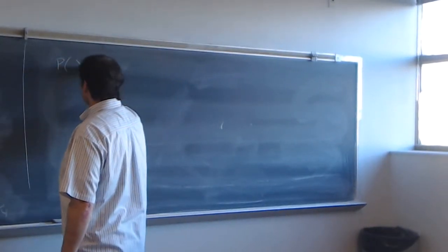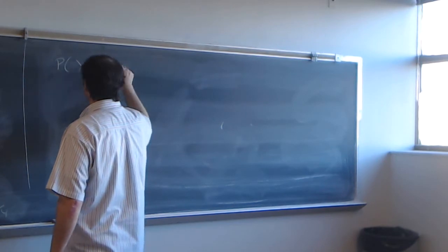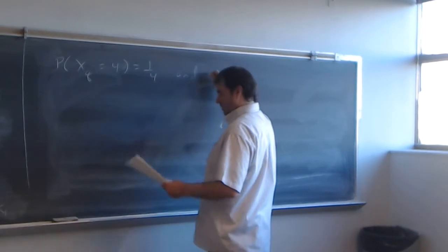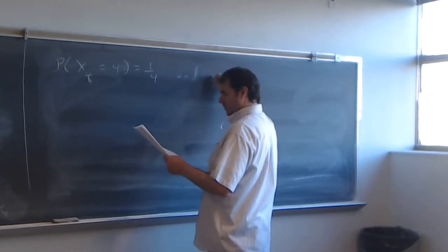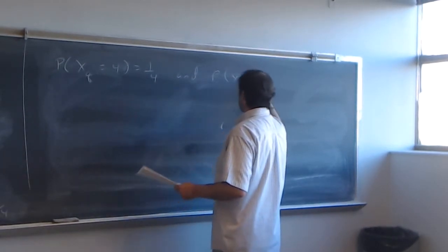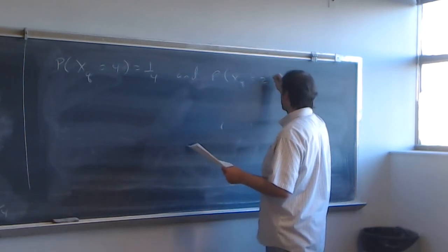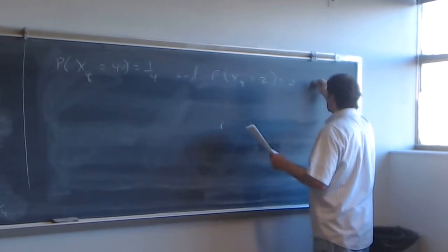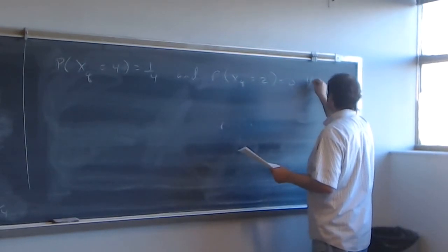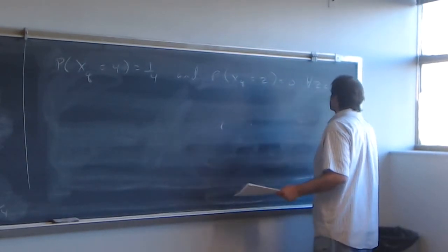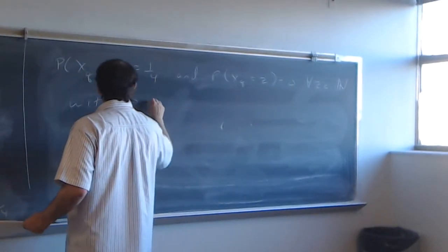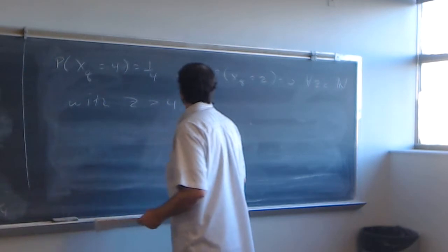The probability that X_q equals 4 is going to be equal to 1/4. And the probability that X_q equals z, for all z an element of the natural numbers with z greater than 4, equals 0.